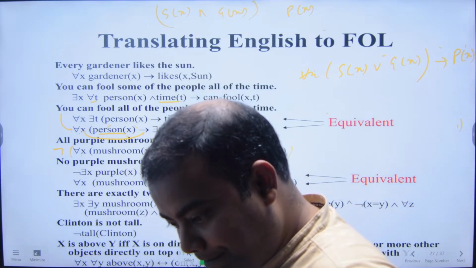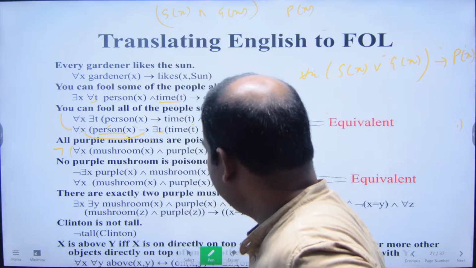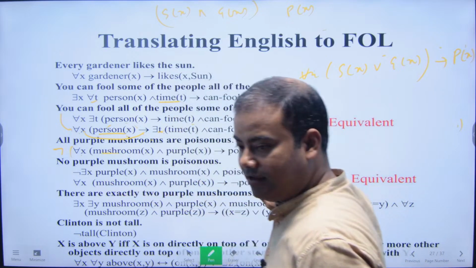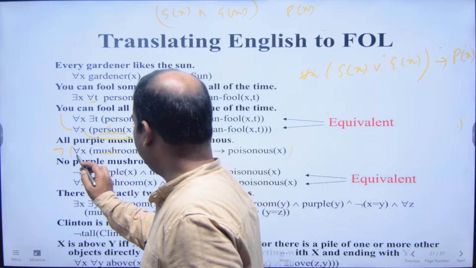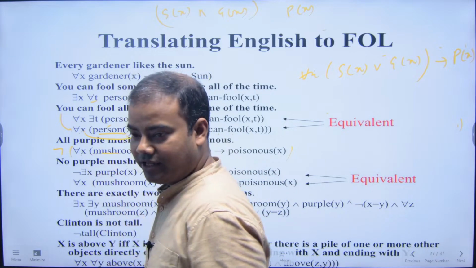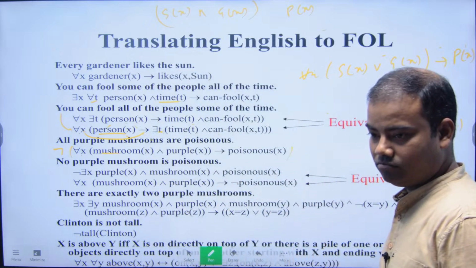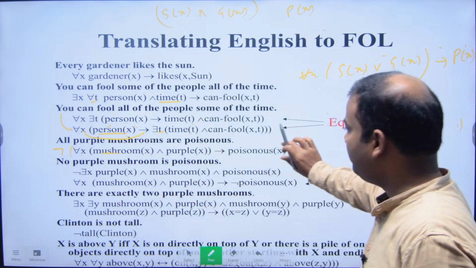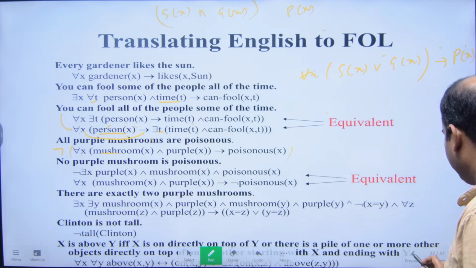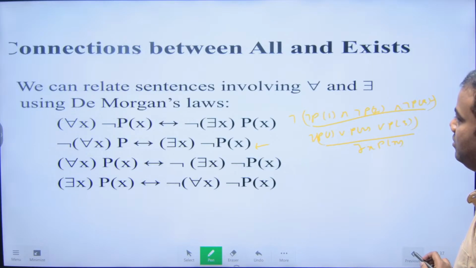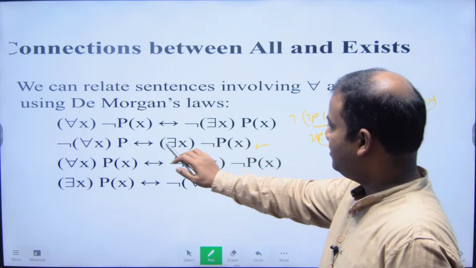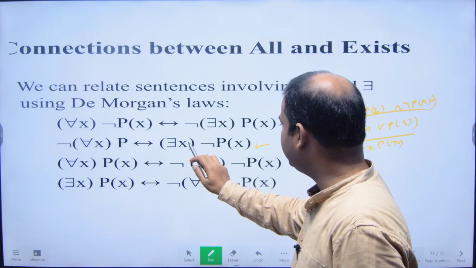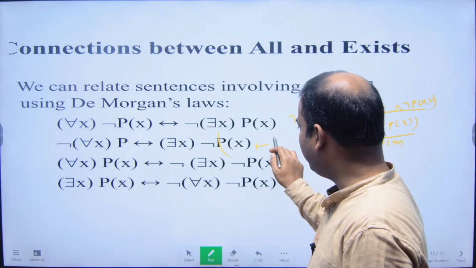If I write the negation of for all, I can directly write there exists, and the negation goes inside, outside the bracket. Why? Because this whole thing will be negated. For all x, negation, so there exists x and the whole thing will come.